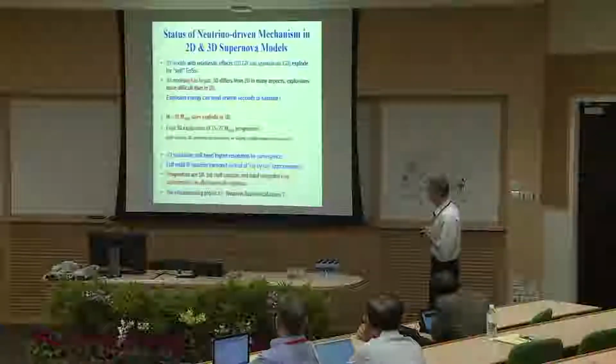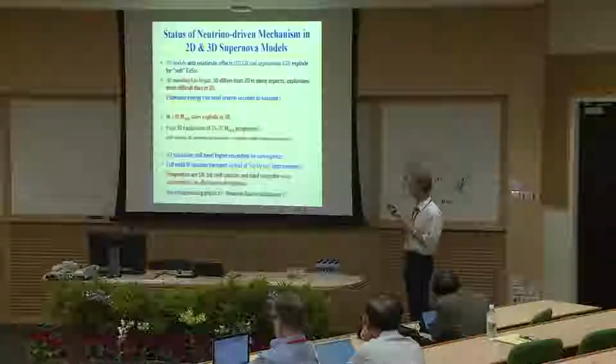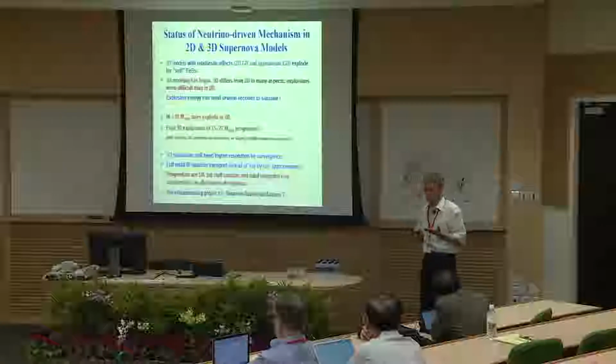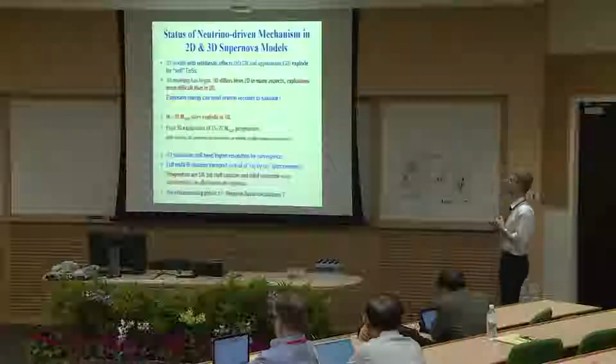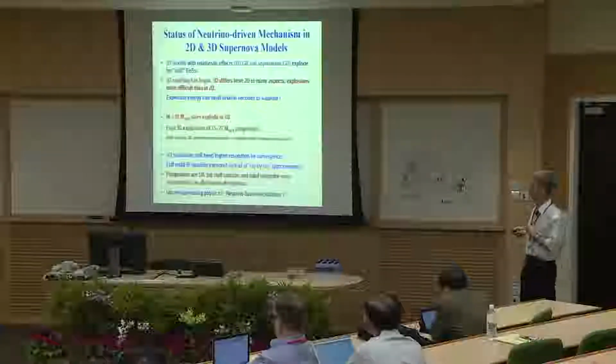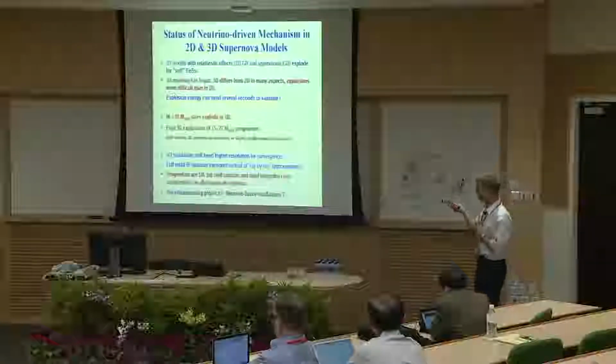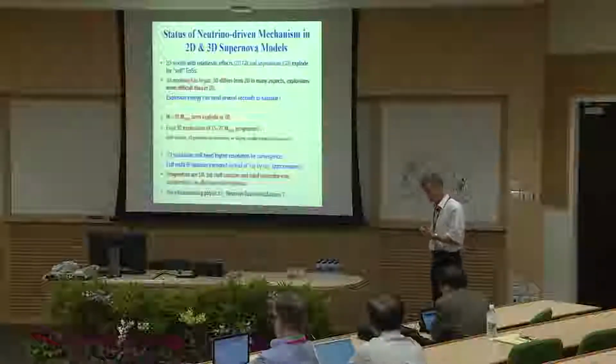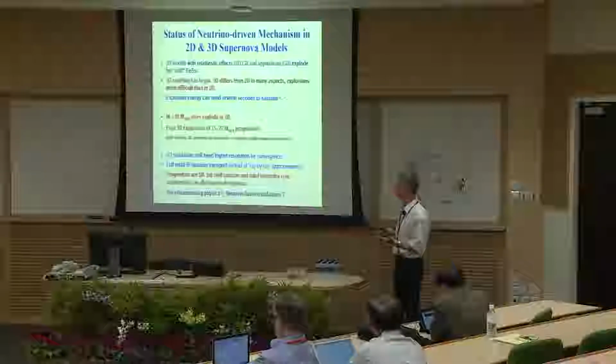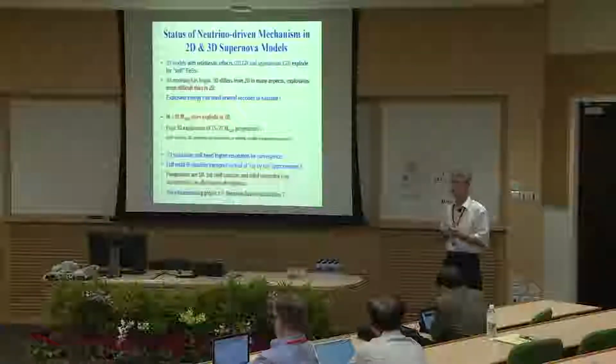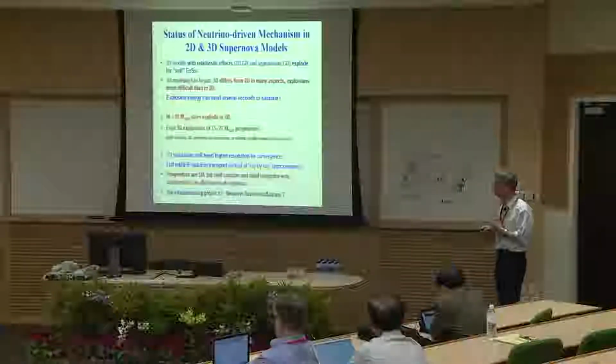Summary at this stage. Two-dimensional models with relativistic effects have begun to yield explosions for quite a while already. Now three-dimensional modeling has begun and confirms some of these successful cases, but in 3D the explosion is more difficult to get.